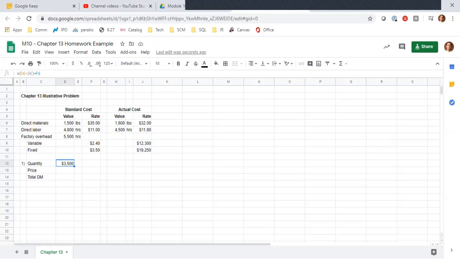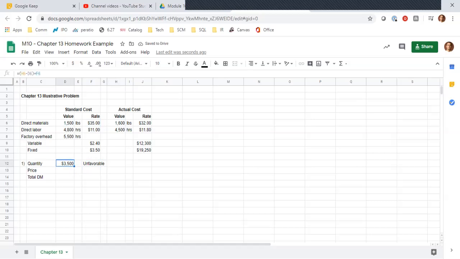we need to know whether this is a favorable or an unfavorable variance. So our rate stays the same, so that doesn't impact whether it's favorable or unfavorable. But what does impact is our quantity. So we had a higher actual quantity than what we had planned on, and that's what's created our variance. So this variance is unfavorable.